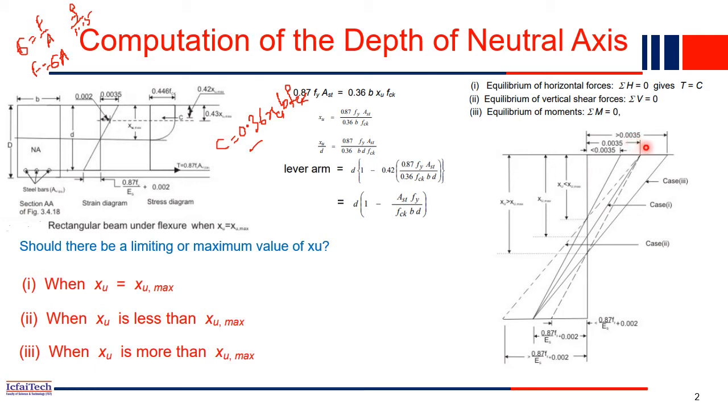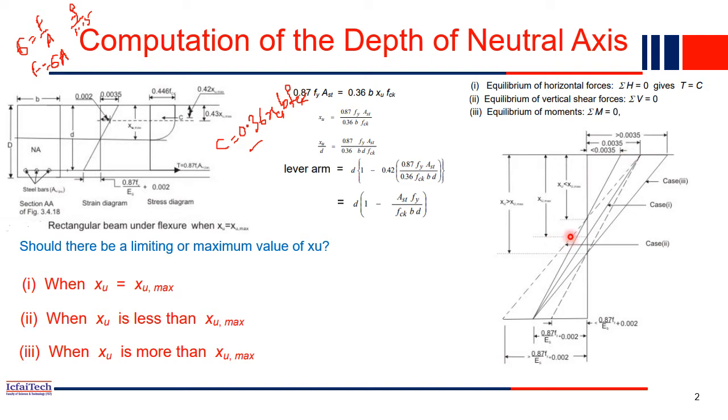Now if you draw a line connecting both, that is our case 1. Case 1 is when the top fiber is at maximum strain, and the bottom fiber is also at maximum strain. Both fibers reach their failure, because both have maximum stress and maximum strain.